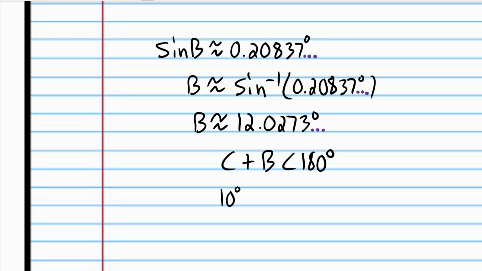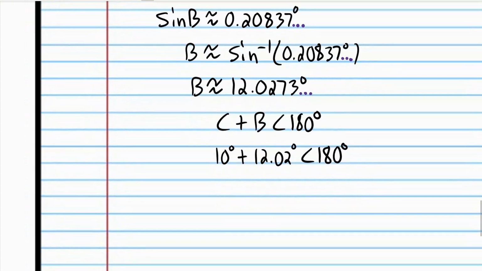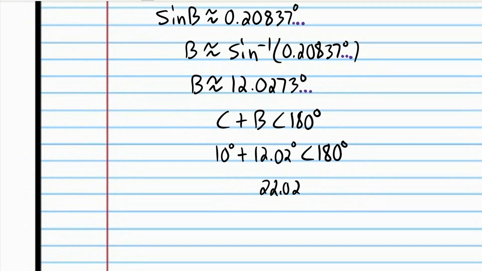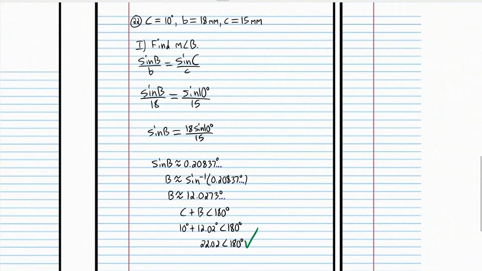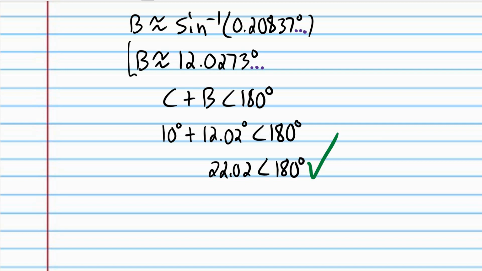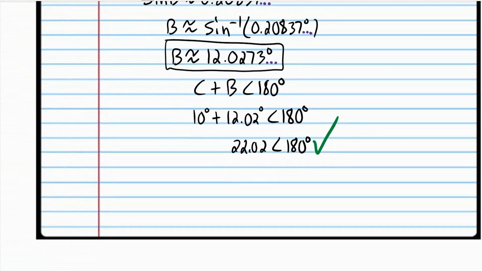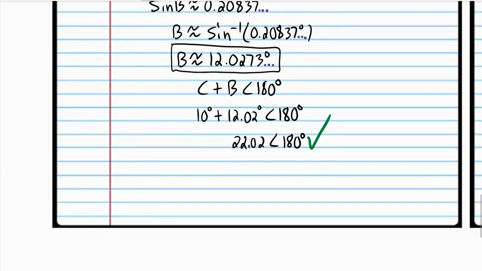So 10 degrees plus 12.02, so on and so forth, is less than 180 degrees. So we can put a check. So that angle works, and that is definitely an angle as part of the solution.